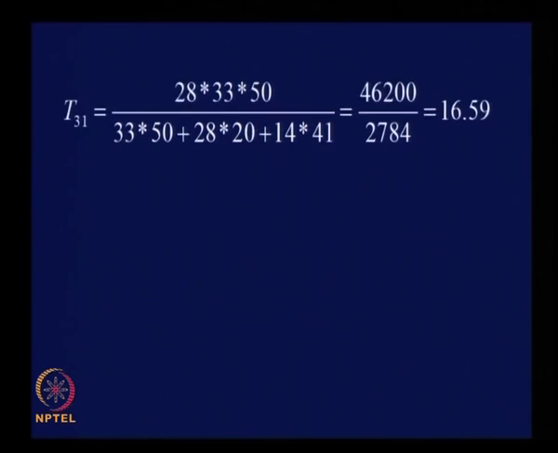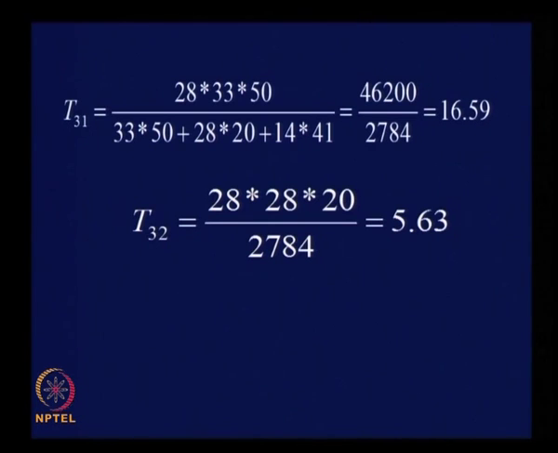Similarly from zone 3, T31 is 28 into 33 into 50 whole divided by 33 into 50 plus 28 into 20 plus 14 into 41, that is equal to 16.59 trip interchanges between 3 and 1.